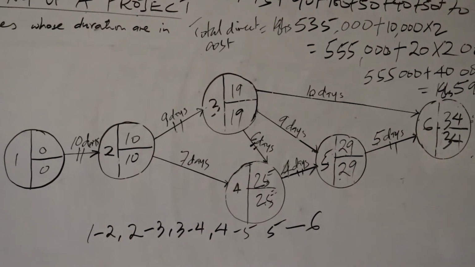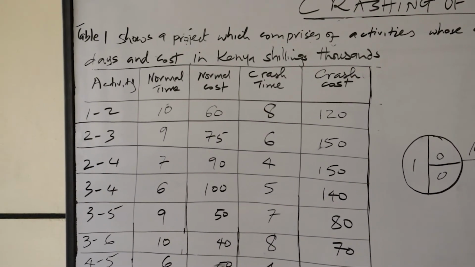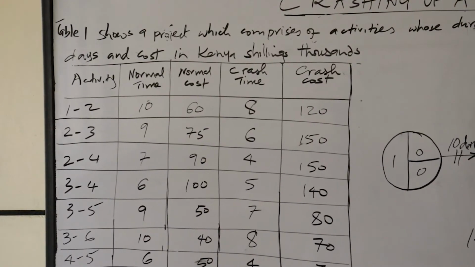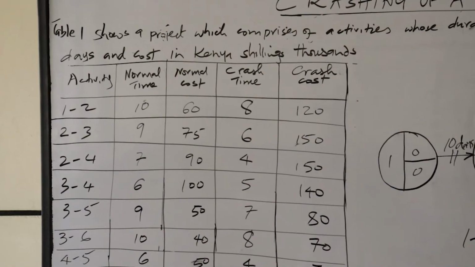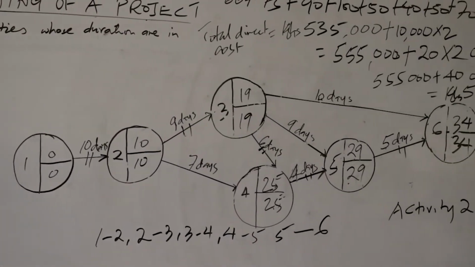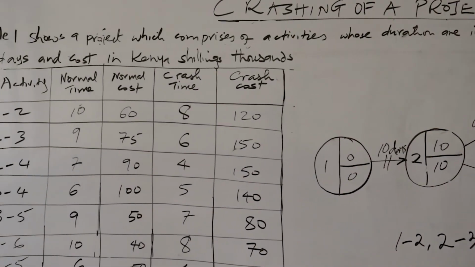Activity 2 to 3 has 3 days available, that is 9 minus 6, which is 3 days.